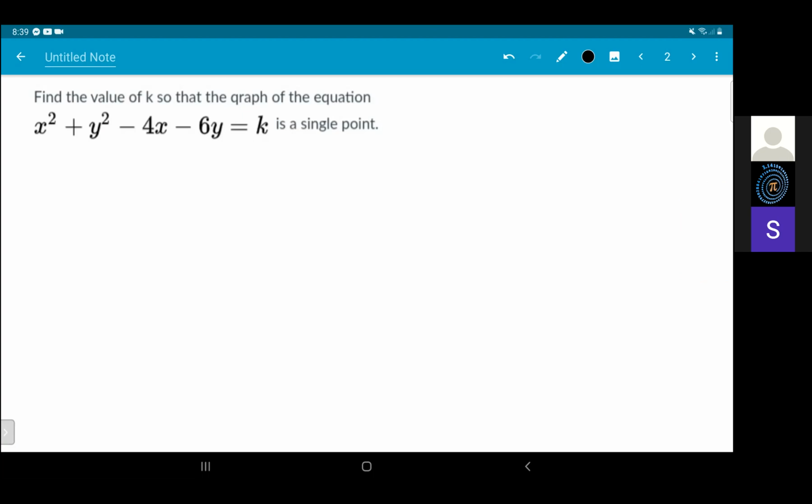But this one is just similar to the exercise discussed in the synchronous class, except that you will have to solve for k. So you have to complete the squares.